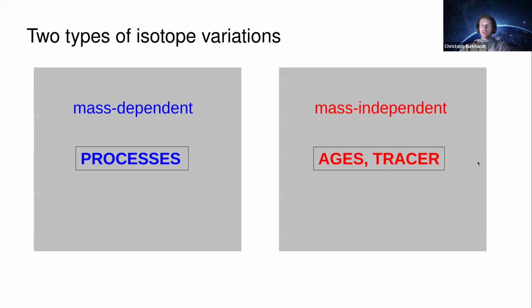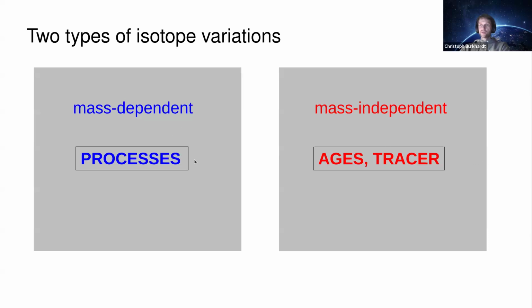we first need to define what we're looking at. So isotope variations come basically in two flavors. One is mass dependent, and as the name says, it's a function of the mass of the isotope. And the other is mass independent. And we use these two flavors of isotope variations to answer different questions.